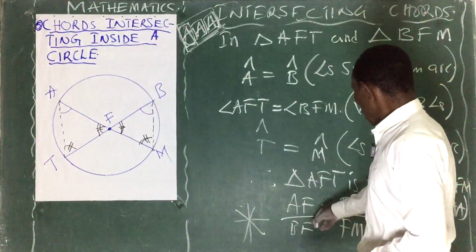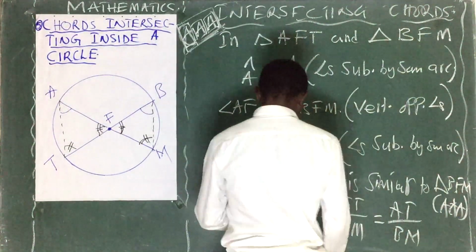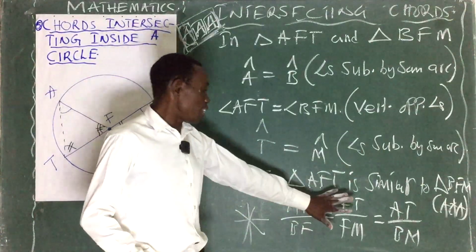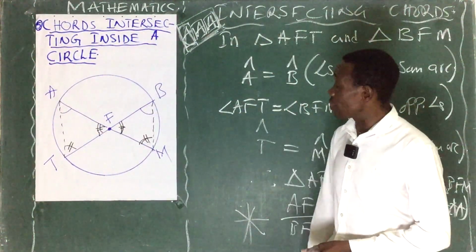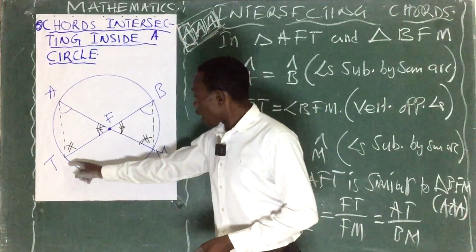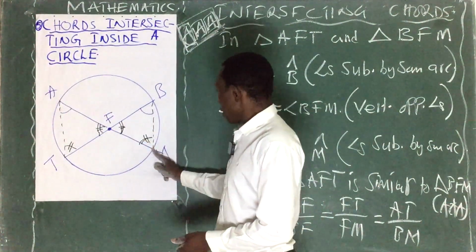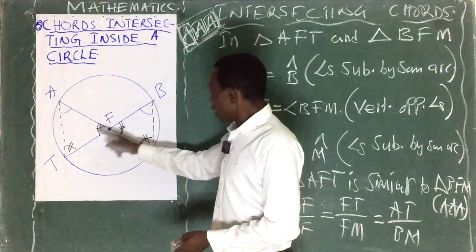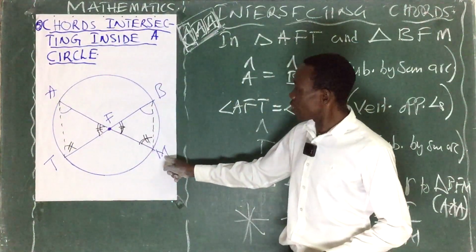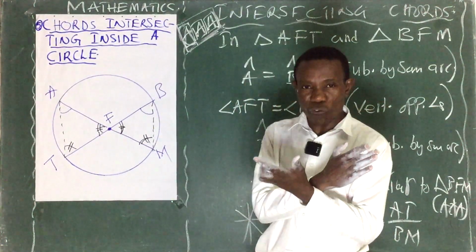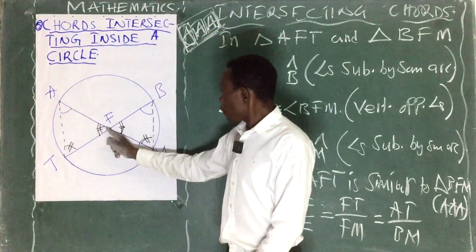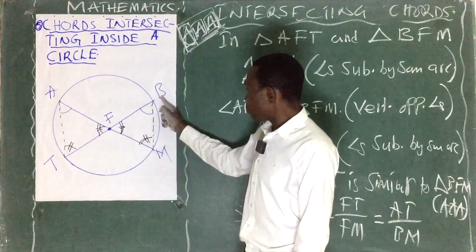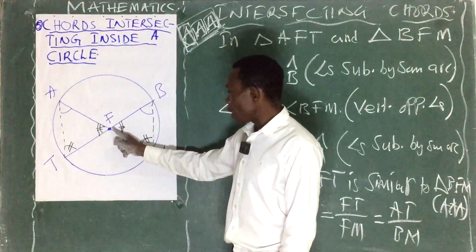Our chords TB and AM are intersecting, and you see that the chords are split into four parts: AF, FM, BF, and TF.